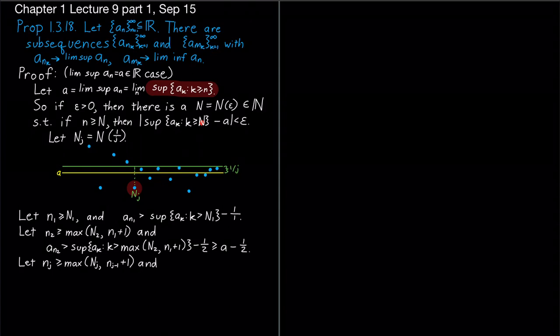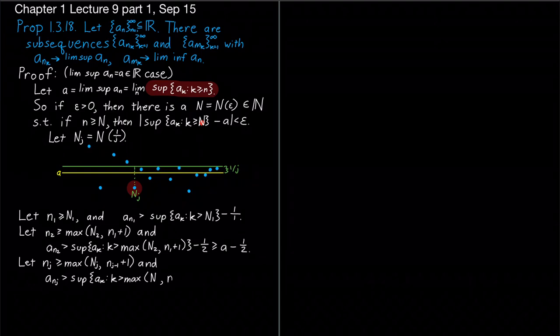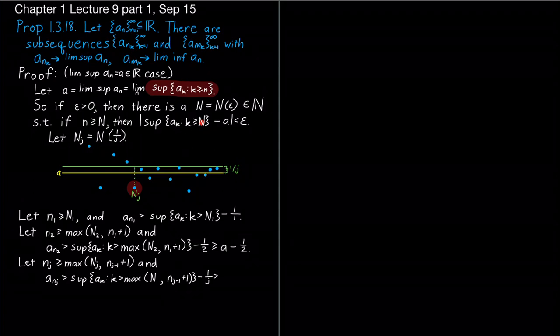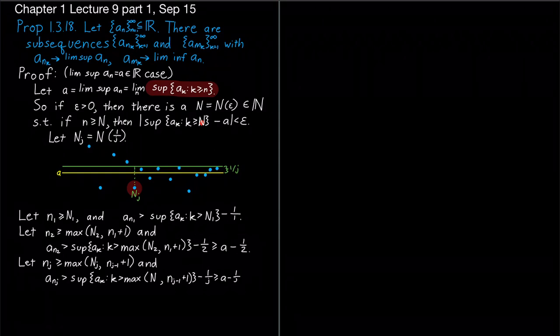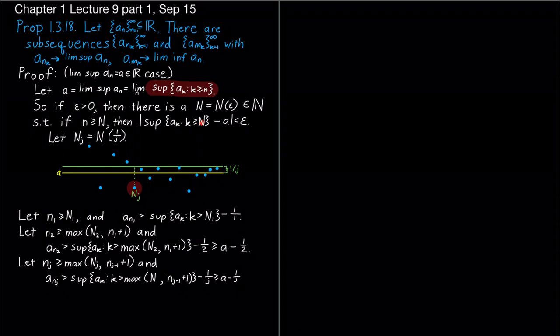And we also require that a sub n sub j is bigger than the supremum of a_k's, where k is bigger than big N sub j. Exactly the same sort of thing we saw before.